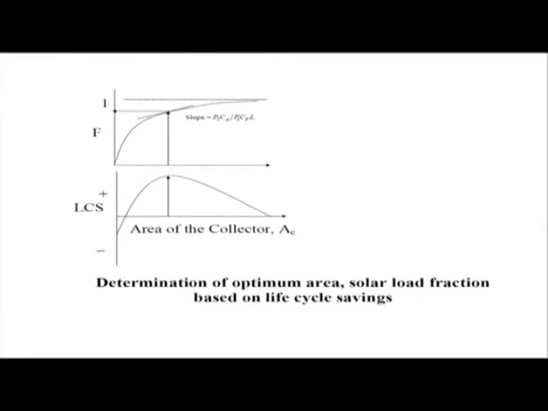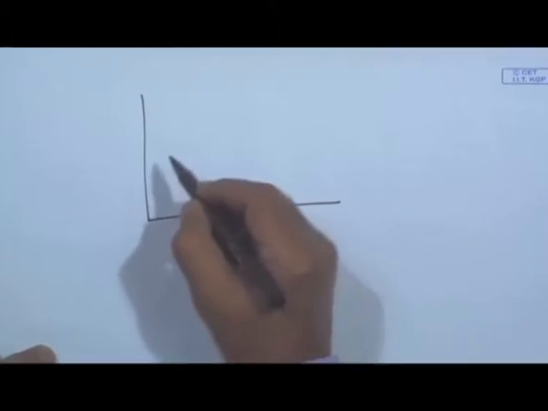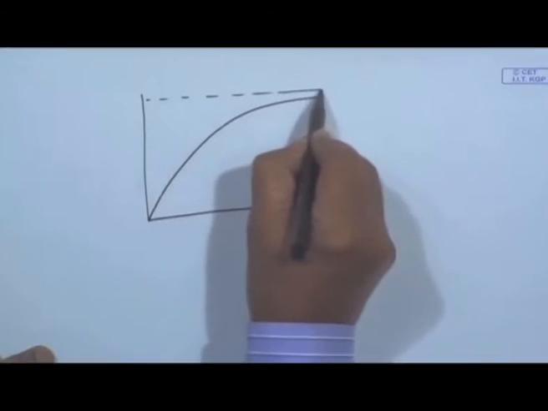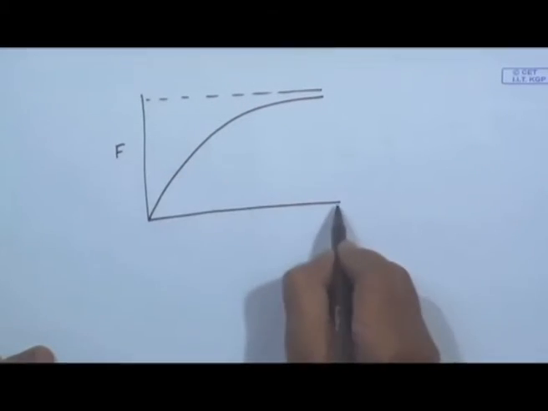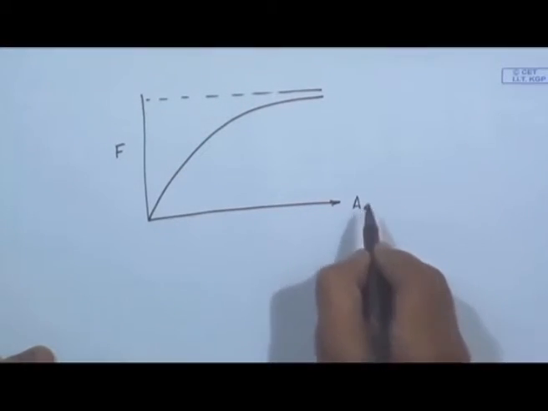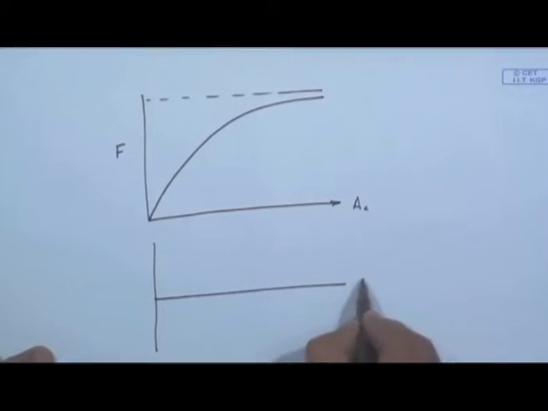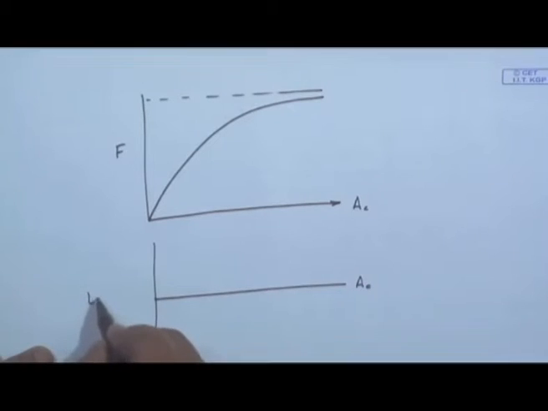So, that is what is represented over here. If you have the F versus area curve, which we have drawn a number of times, the same area versus the life cycle savings, positive, negative.